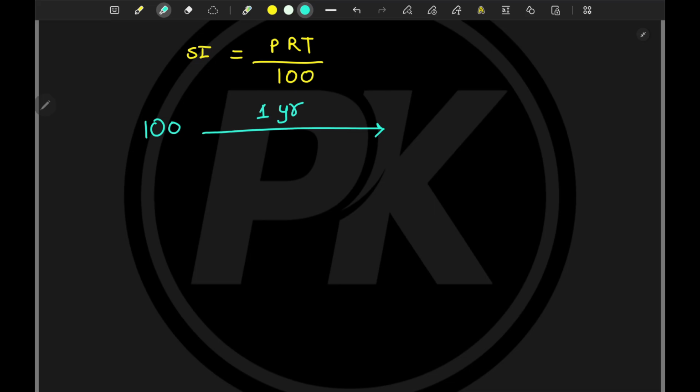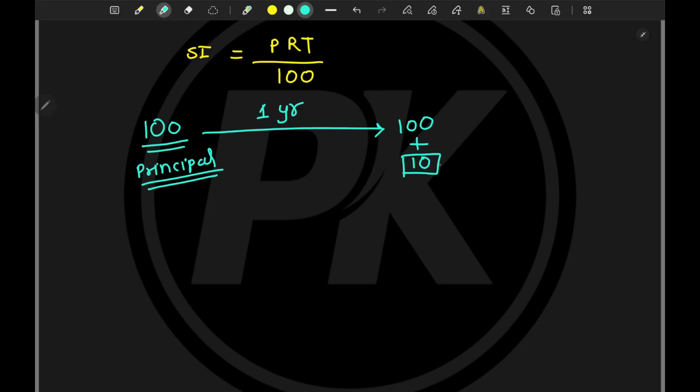And after 1 year I'm telling him or her, give me my 100 rupees back, but you have to pay me 10 rupees extra. So now how much am I demanding? 10 rupees extra. This is my principal amount, so we call it the principal amount, the amount given to a particular person on some interest.